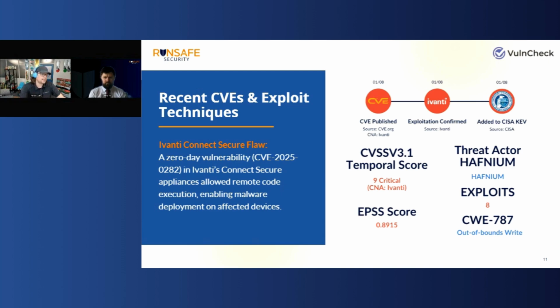And very quickly you can see a CVE is issued, like this is coordinated disclosure at its best, right? The vendor identifies there's a vulnerability, there's exploitation, they disclose the vulnerability, they get it in a CVE, and then CISA adds it all on the same day, right? So very, very quick sense of urgency. I think currently it has around 8 exploits available.